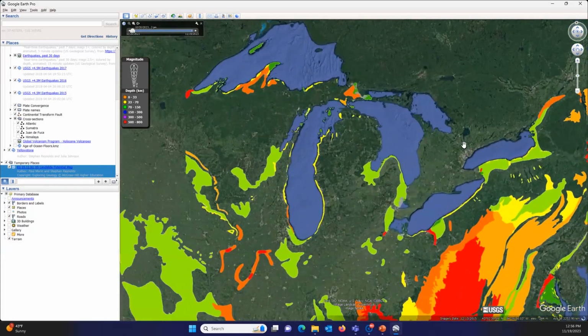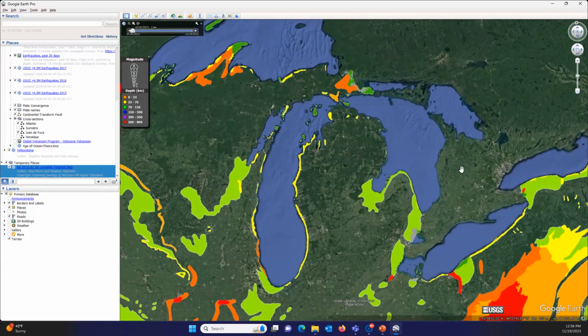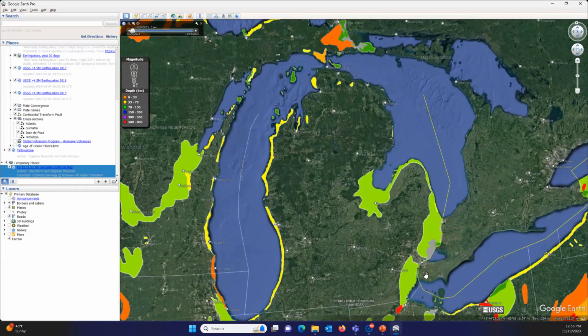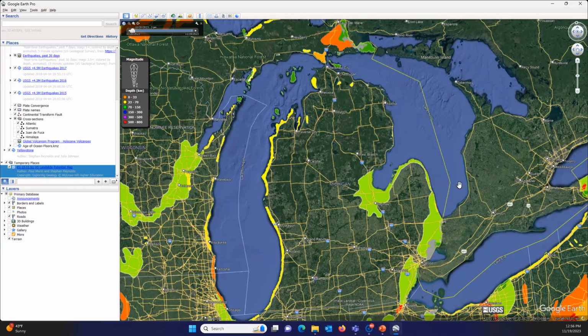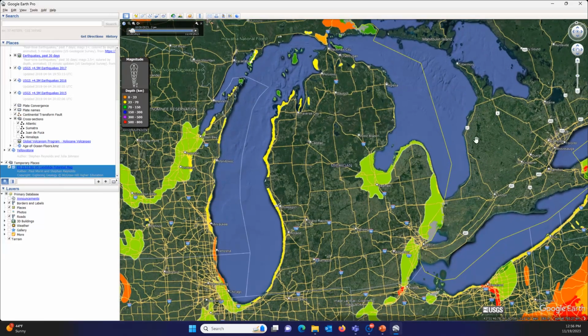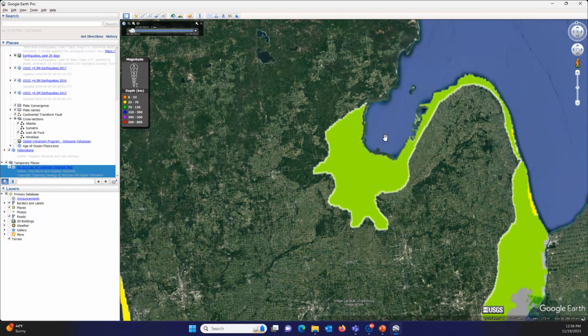Here we go. All right, so lower than some parts of the lower peninsula, but the reason for this is just a huge drainage basin with multiple rivers feeding into the Saginaw Bay.